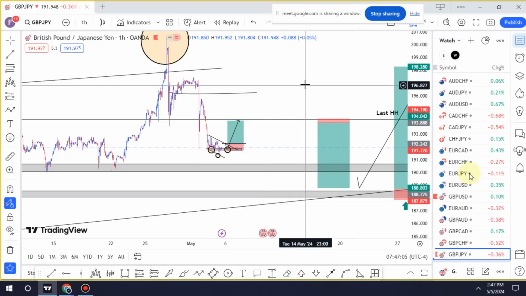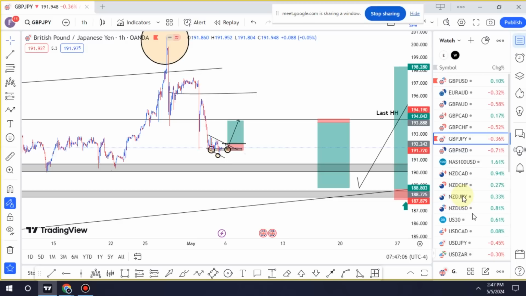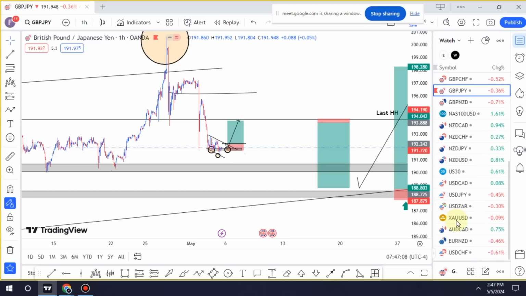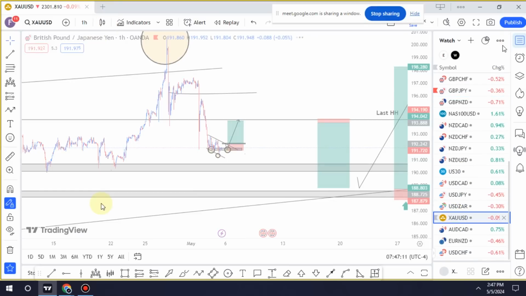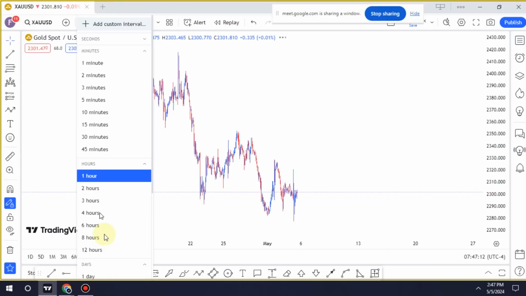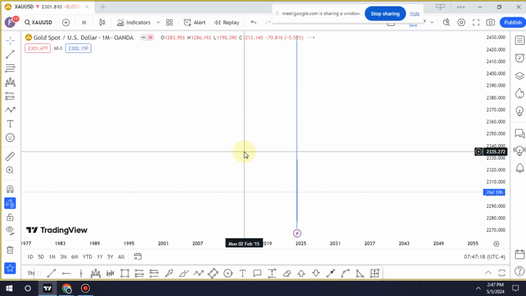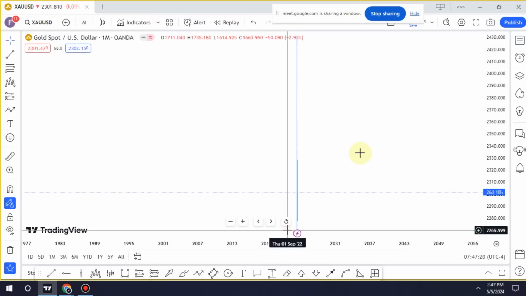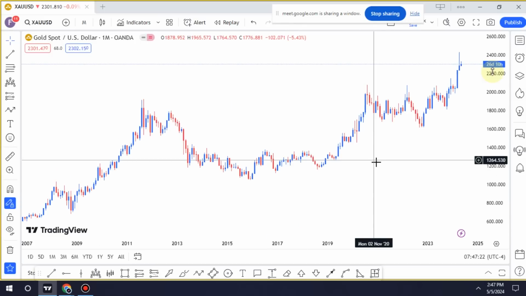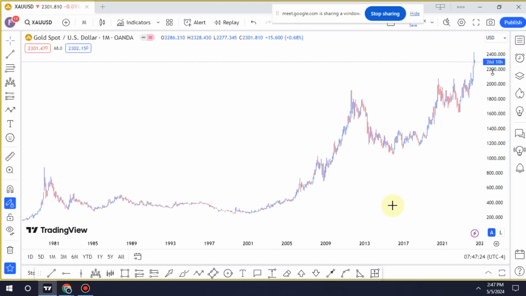Okay, so let me see gold. Let's start from the monthly on gold too. Right, gold is crazy, been going up for a while.